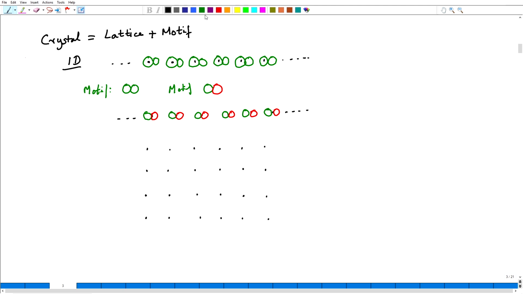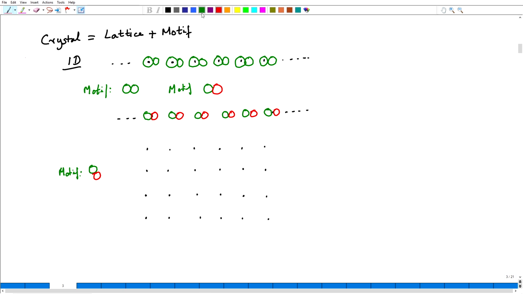Let us take a motif of the type, say I have one kind of atom and another kind of atom in this orientation. As you can see, this motif has a somewhat different orientation, and the same orientation must be maintained in the lattice.